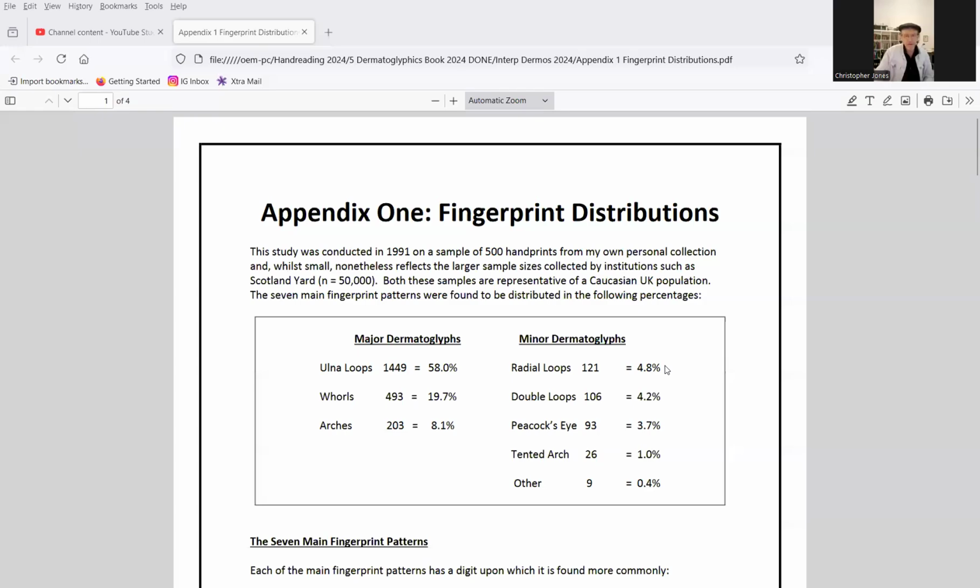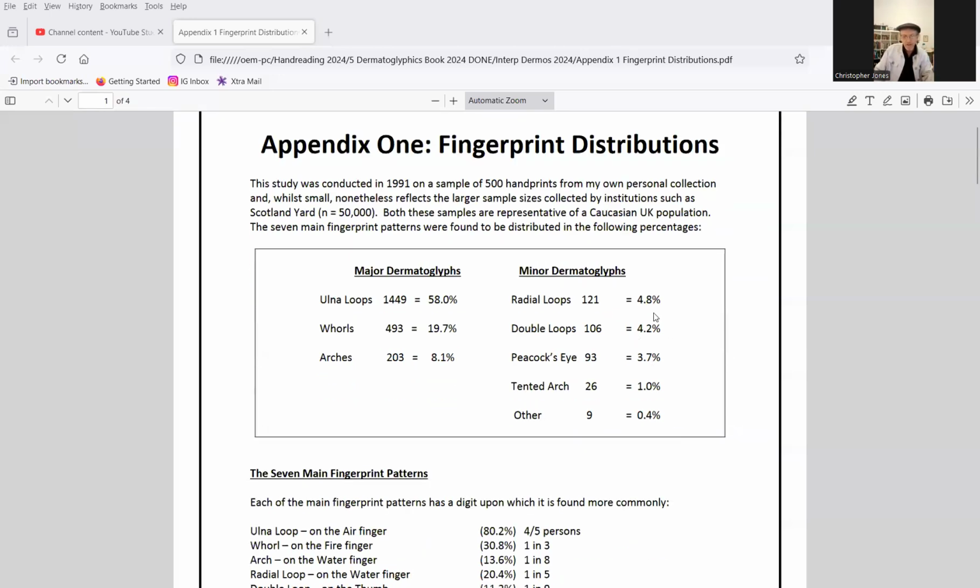Let me just pull up a document about that, so we can share the screen with this one again. So this is a statistical chart of the distributions of radial loop fingerprint patterns. Well, actually all the fingerprint patterns. In my own studies, I found that radial loops occurred on about 5% of hands. As you can see, it's the 4th most common fingerprint pattern.